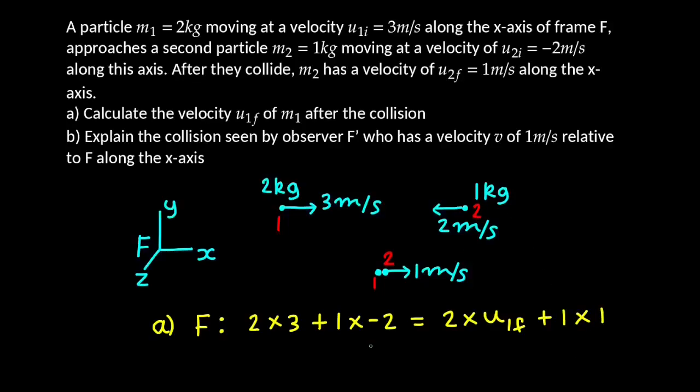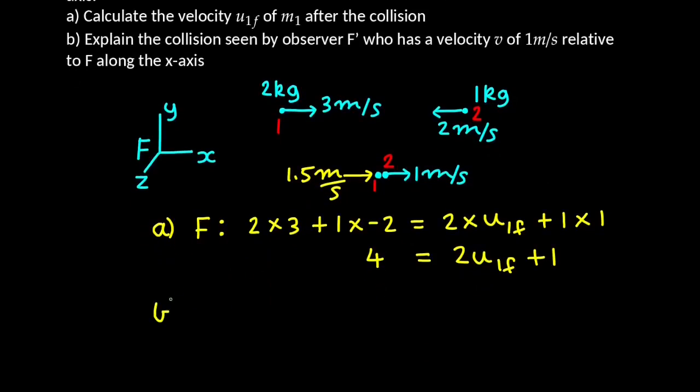So what we get is 4 is equal to 2 by u1 final plus 1. So therefore u1 final is 3 on 2 or 1.5 meters per second to the right. So as we can see, 2 by 1.5 plus 1 gives the same momentum after the collision as before the collision.